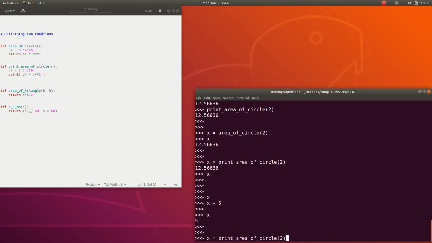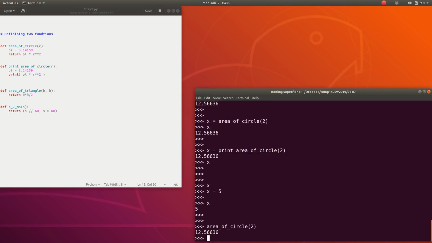So that's why there's this confusion when you say area of circle 2. It runs this function. It returns this value, 12 point something. And the Python interpreter says, hey, he's not doing anything with this value. He didn't assign it to any variable. It looks like we're going to lose this value if we don't do something, so I'll print it so he can see what it is. That must be what he wanted.